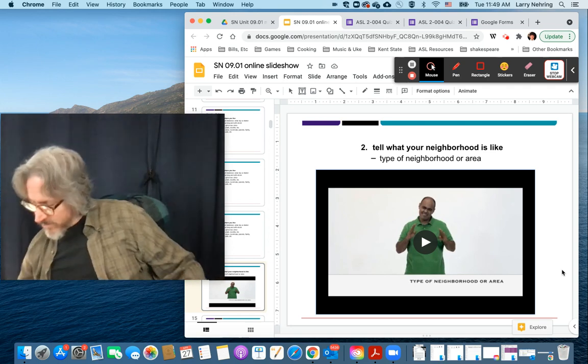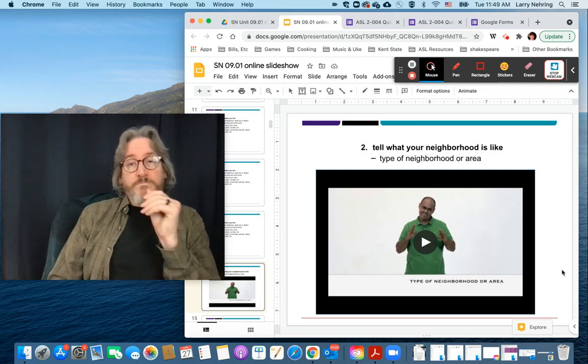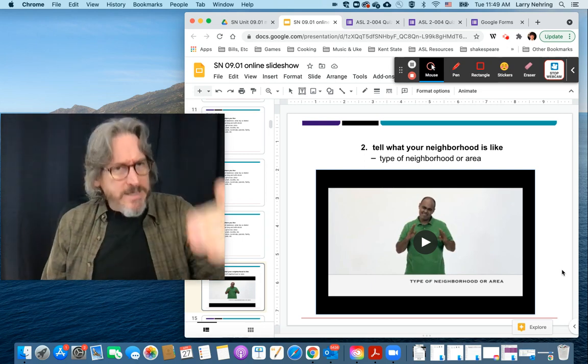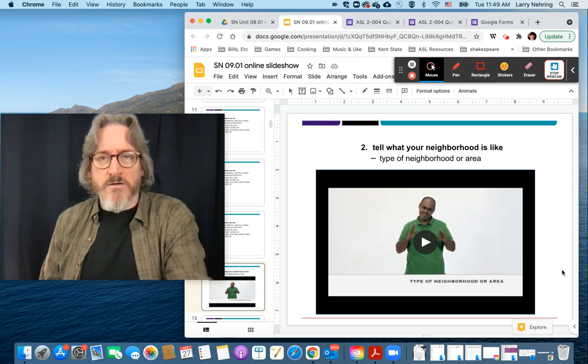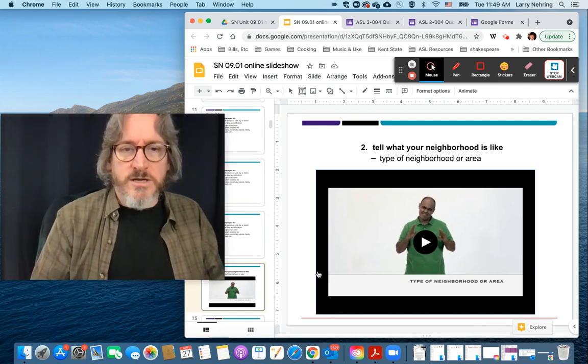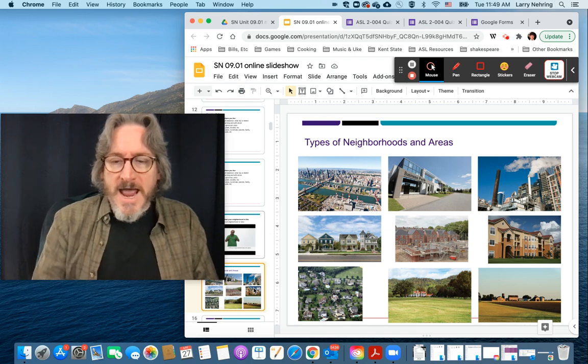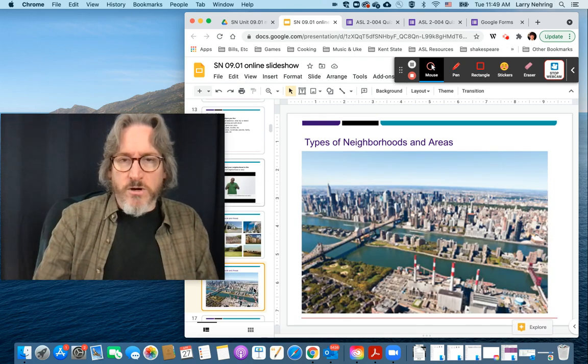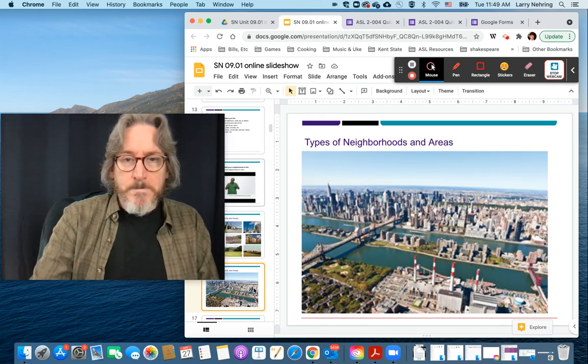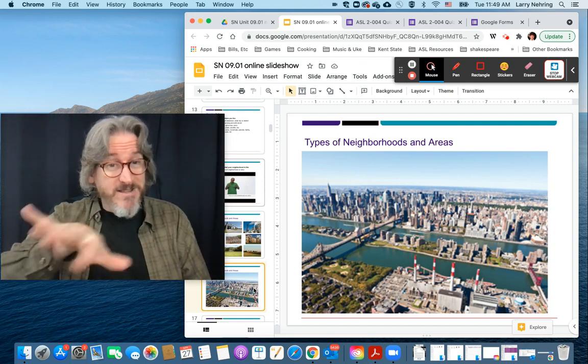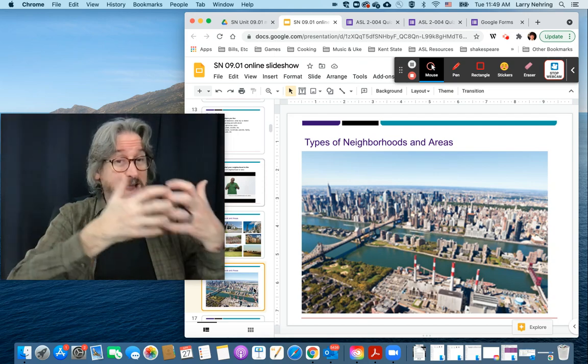Just move my camera. Okay. So again, he's going through each step of the slideshow. And I've included GIFs in here for each of the different areas. As he talks about in his, that area used to be factories.